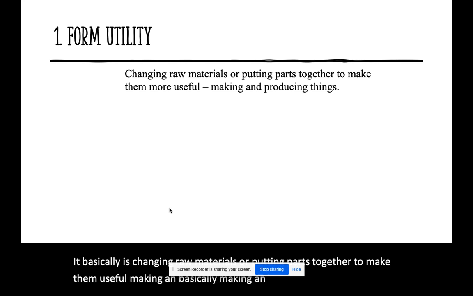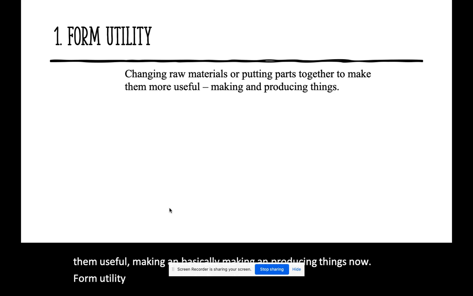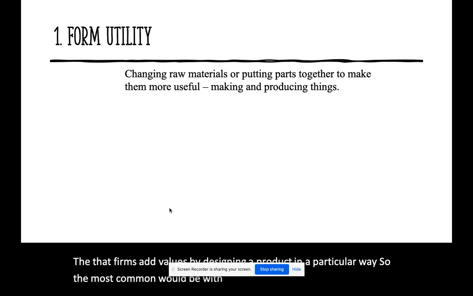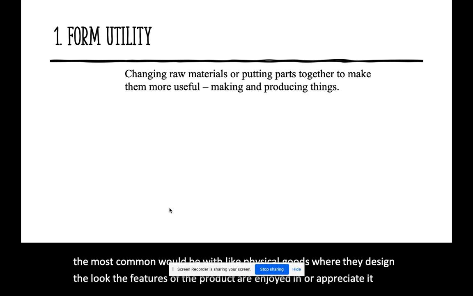Now, the main meaning of form utility is that firms add value by designing a product in a particular way. So the most common would be with physical goods, where they design the look and the features of the product, which are enjoyed and appreciated by the consumer.